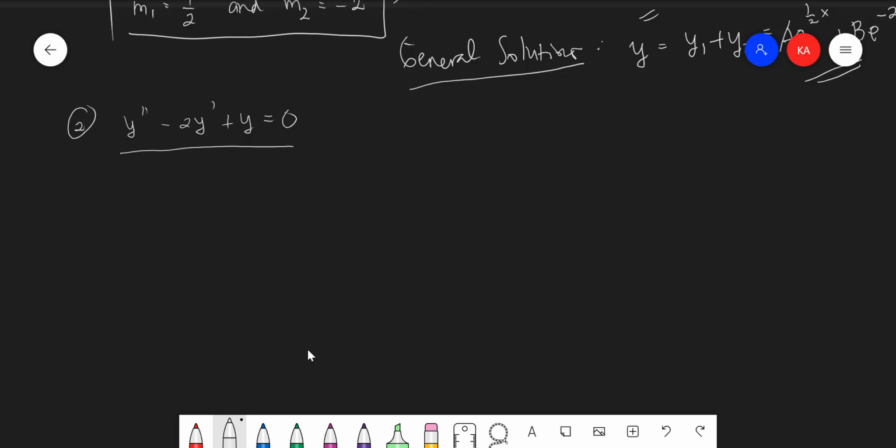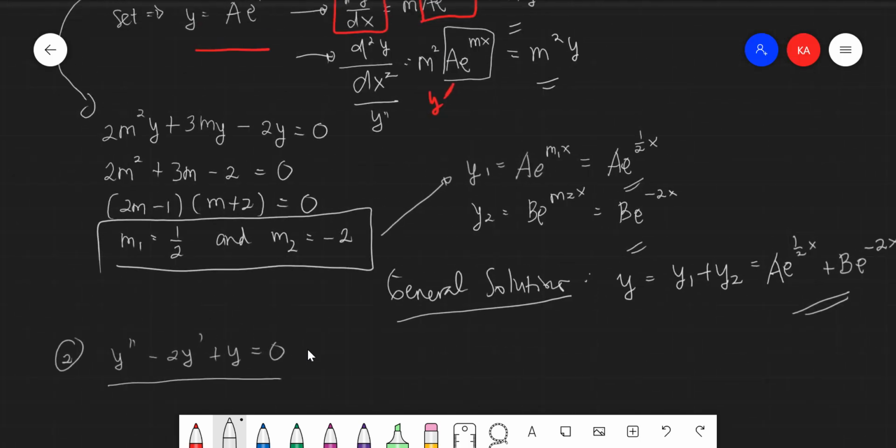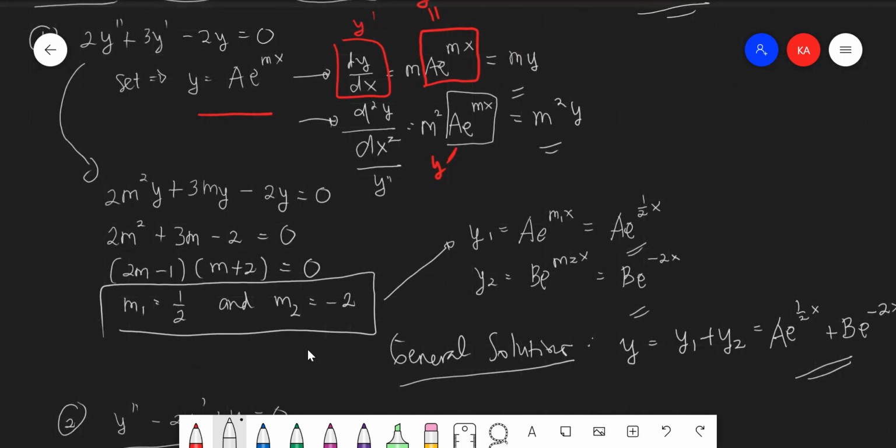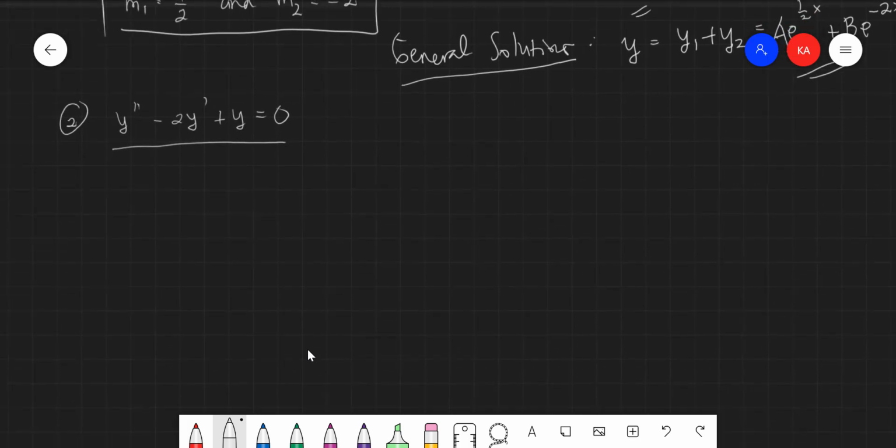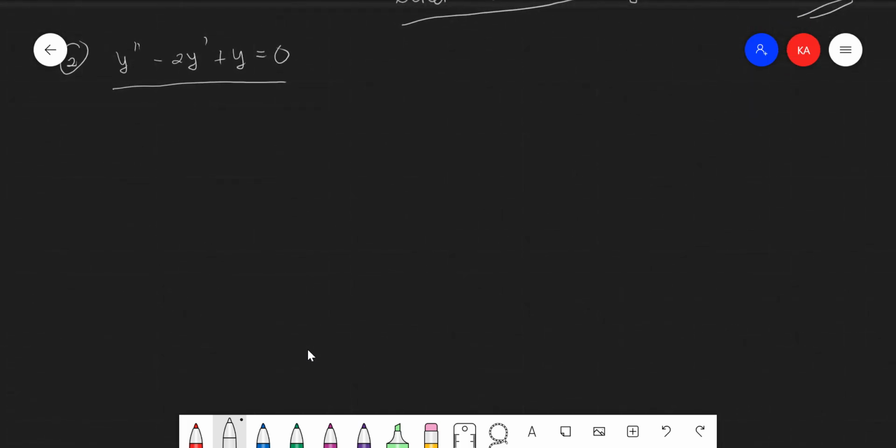Using a similar solution, this equation becomes m squared minus 2m plus 1 is equal to 0.